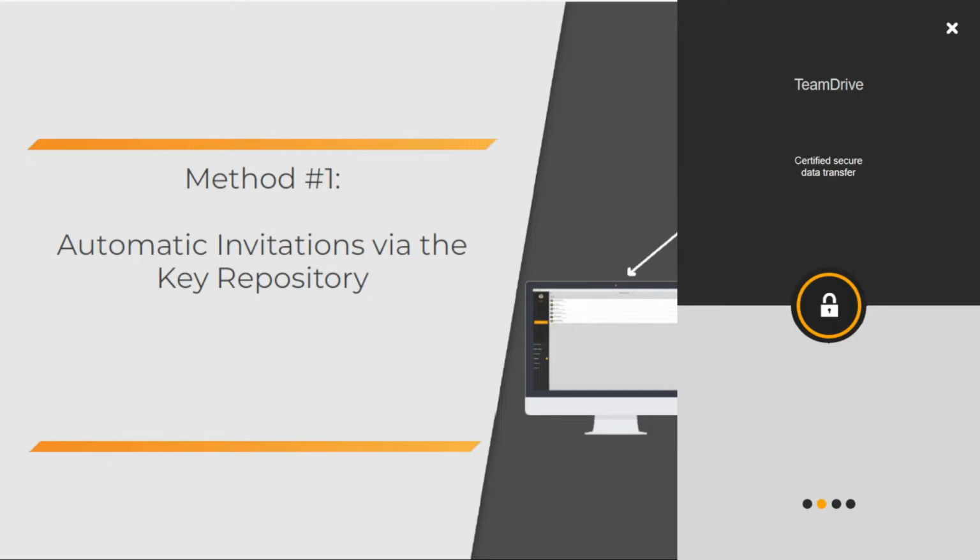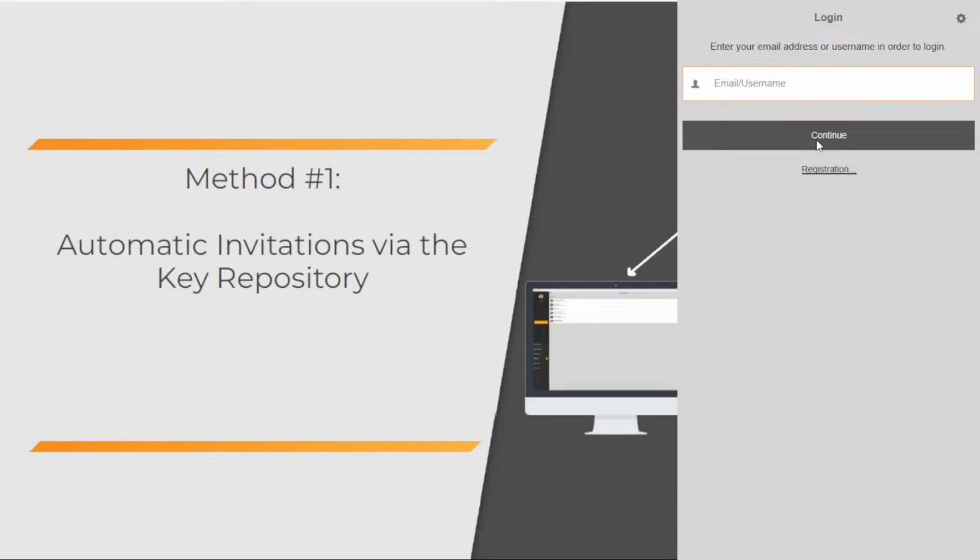All right, so we have my TeamDrive app here, and as you can see, everything is appearing as if I have initiated a new installation. So as my first step, I will need to log in.